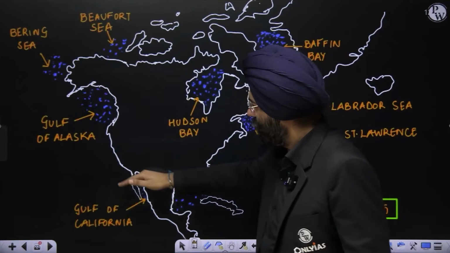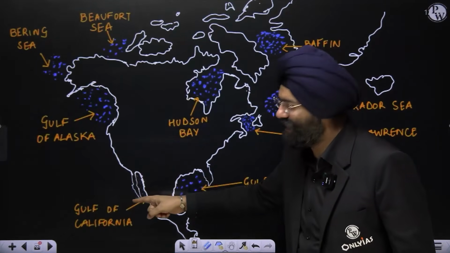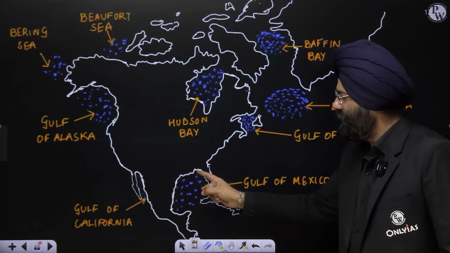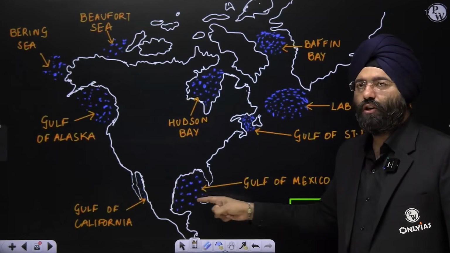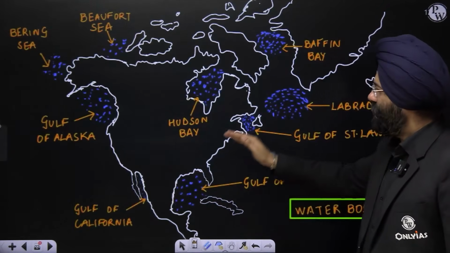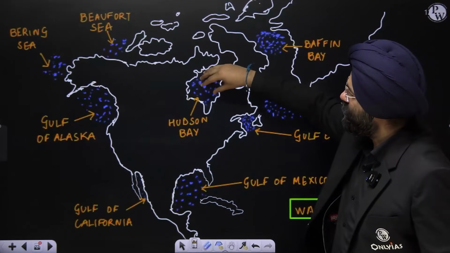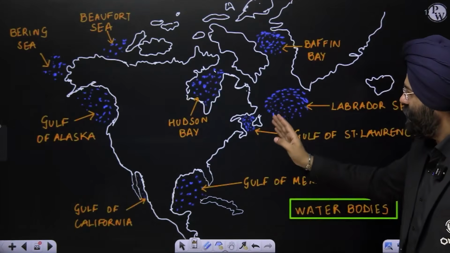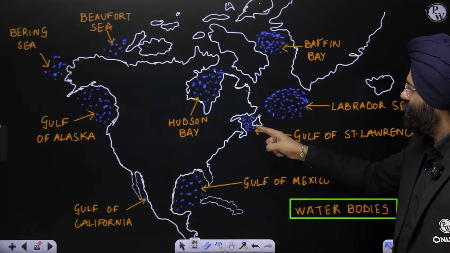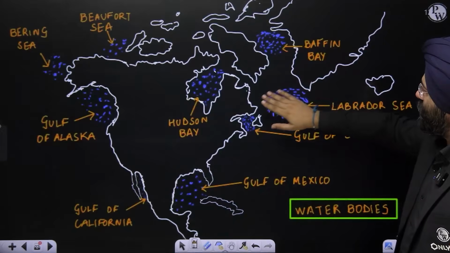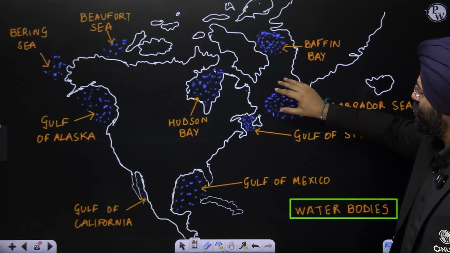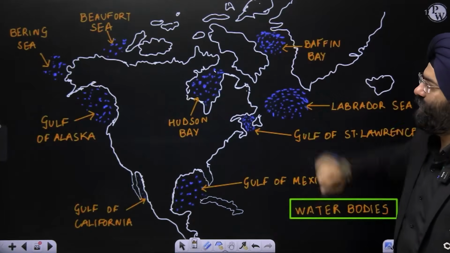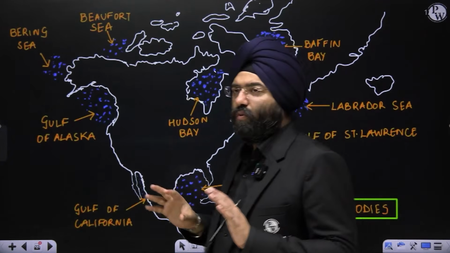You come further south. This particular region is known as the Gulf of California. If you move further over here, this is known as the Gulf of Mexico. Further, this particular region is known as the Hudson Bay. Very important fact. Then, if you come here, you have the Gulf of St. Lawrence over here. And then towards the northeastern part, you have the Labrador Sea. You move further south, you have the Baffin Bay. Now, these are the important water bodies that you should know.